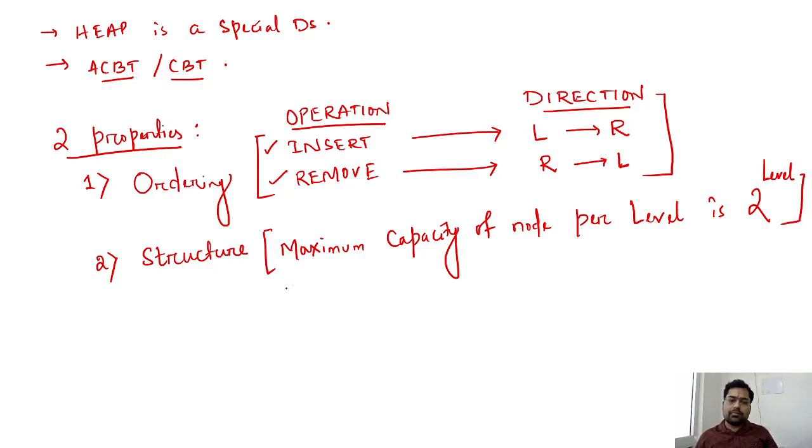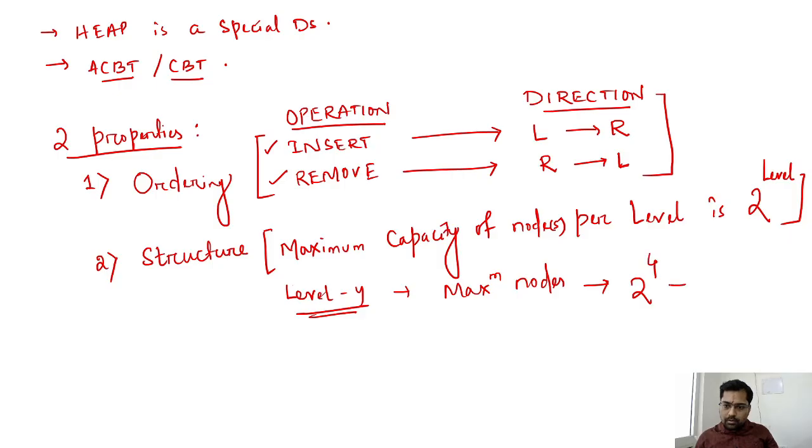You can say if level 4, the maximum nodes will be 2 to the power 4, which is 16 nodes or children that could be possible within that level. Okay, we will discuss that.